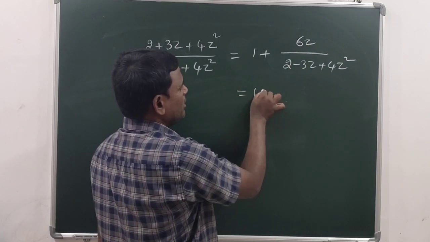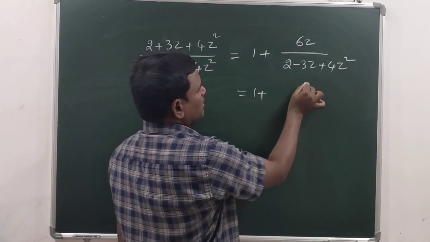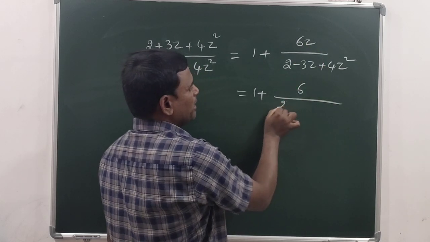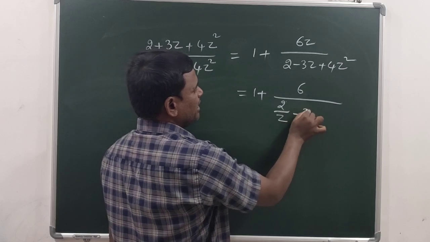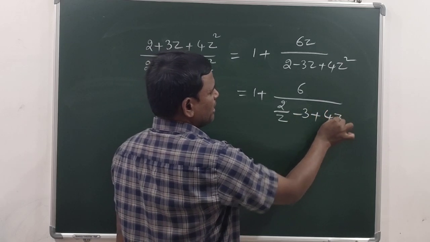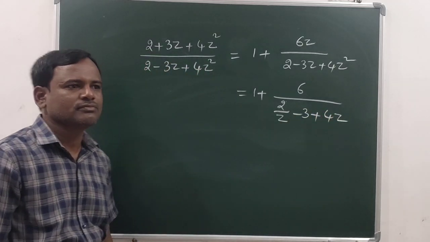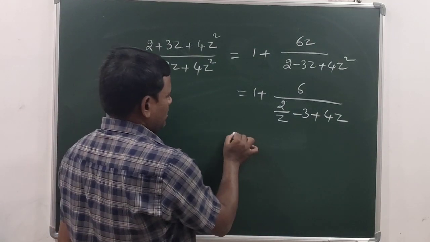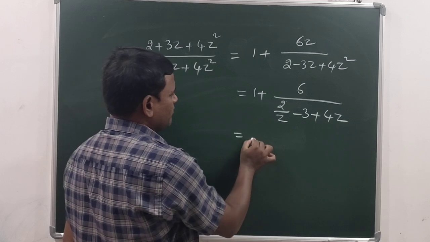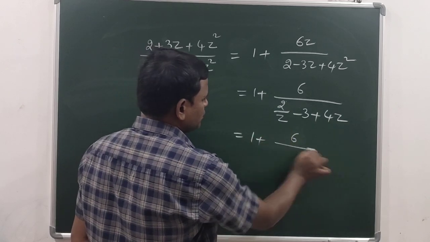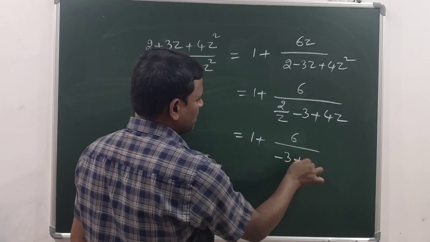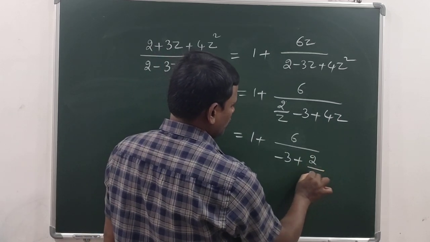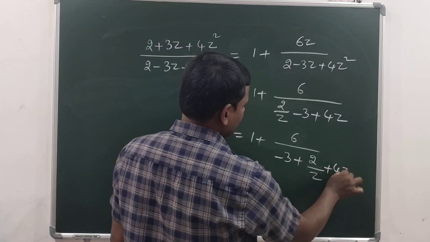So what do you get? 6 by, when you bring it down, 2 by z minus 3 plus 4z. So this can be written as 1 plus 6 by (2 by z minus 3 plus 4z).